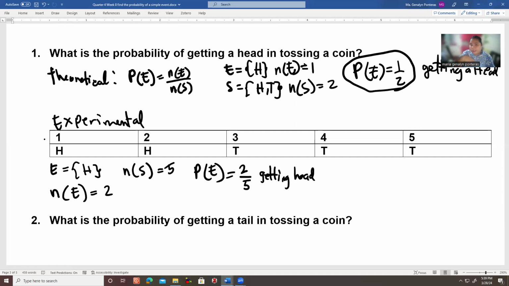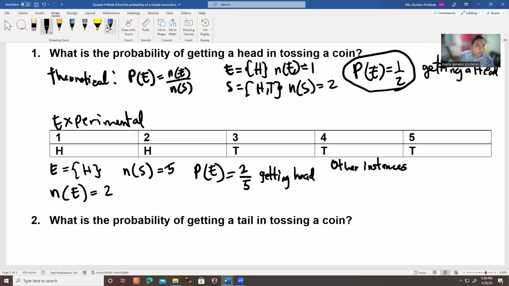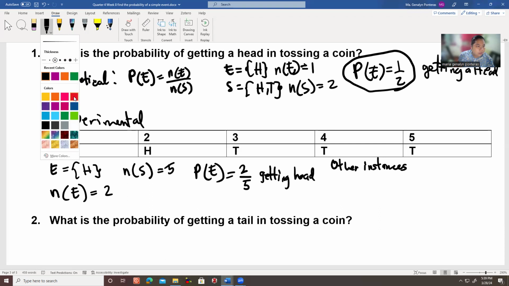Now, there are instances that you cannot get head or you cannot get tail. Let's use another trial.